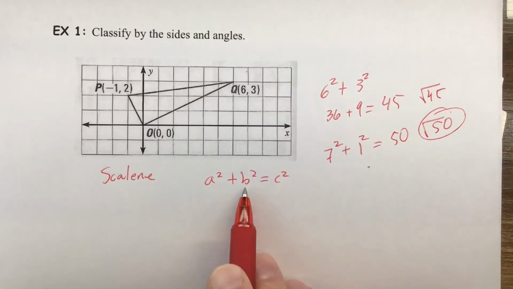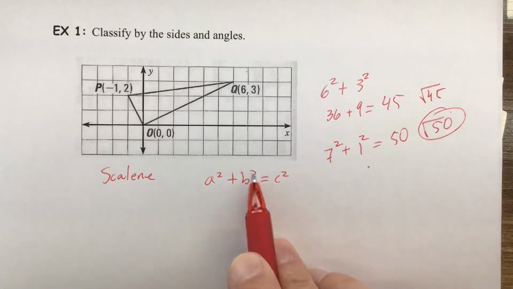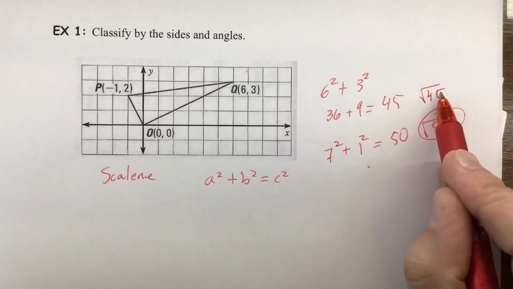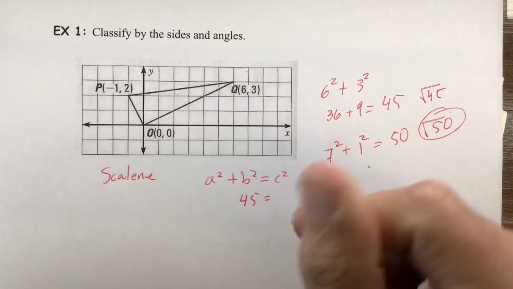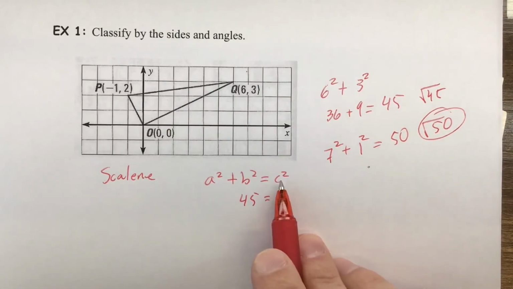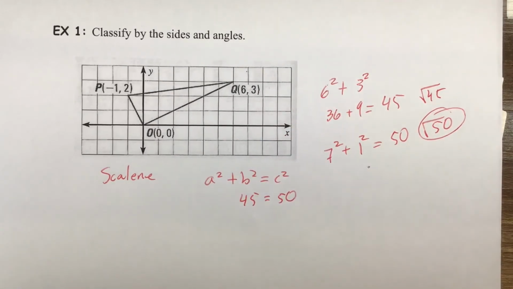So b would be the square root of 45, which means that if we took the square root of 45 and we squared it, we would get back 45. Likewise, the c value would be the square root of 50, which means that if we were to square the square root of 50, we would get back 50.